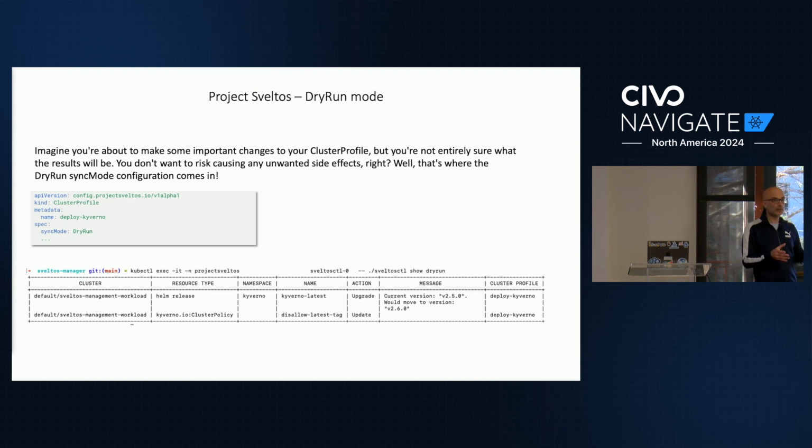If this is not what I wanted, because it's in dry run mode, nothing has happened. So I can go back and revert the change, and there is no cluster affected by this change. And again, maybe it's just me, but when I'm touching other clusters, I'm paranoid. I'm not going to touch anything unless I know what is going to happen.